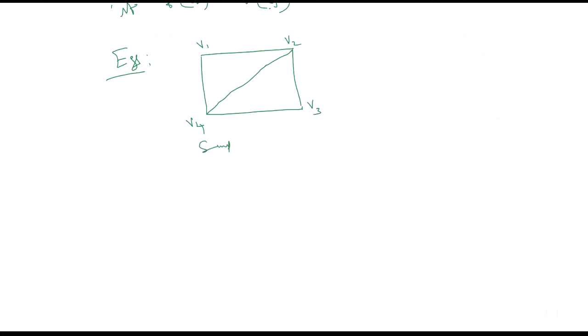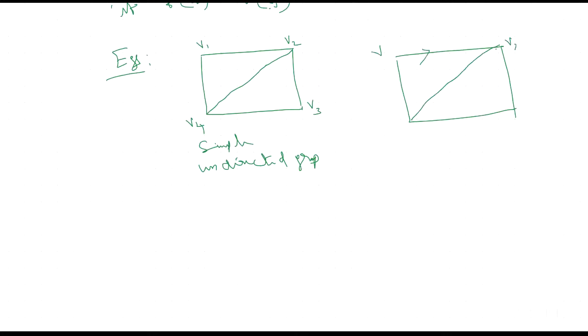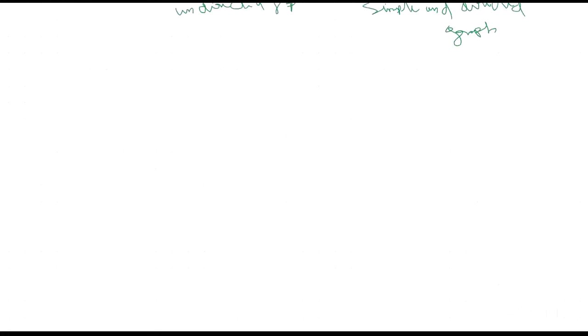Here, with vertices V1, V2, V3, V4, directions are there, no? So this is a simple directed graph.